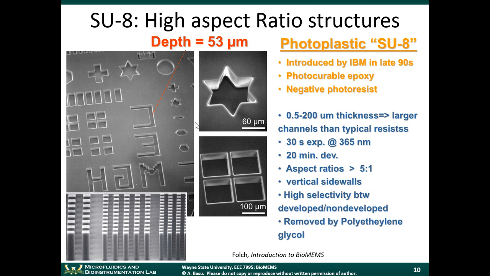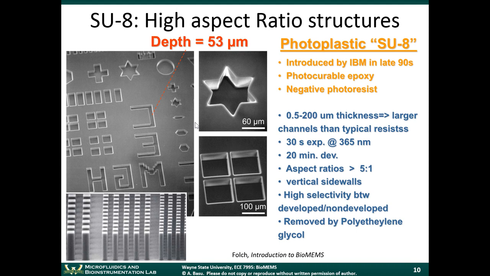So SU8 can be spin-coated, very much like regular photoresists, but it's more viscous. It's a thicker type resist, and so when you spin-coat it, it spin-coats into a thicker layer, typically anywhere between 25 micrometers all the way up to several hundred micrometers.